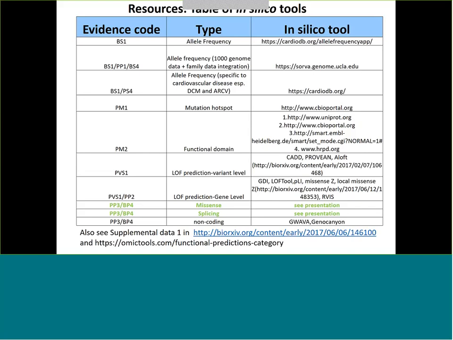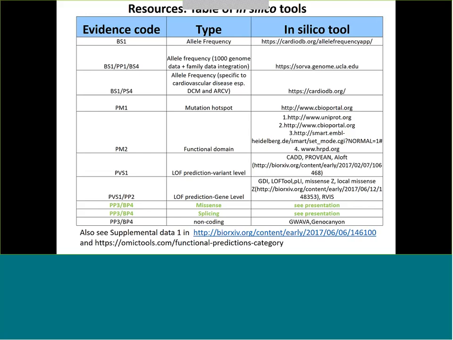This is a snapshot of a larger table, which I couldn't fit in here, and I will be happy to send it around. It has the evidence code, the corresponding type of evidence, and several tools and links to them, which would be helpful for making an inference about the ACMG evidence code.